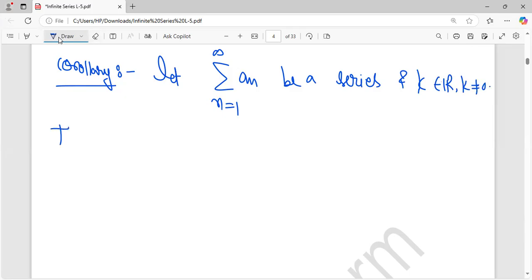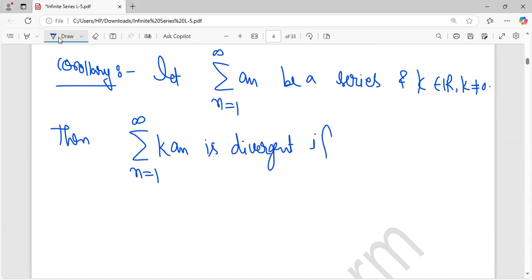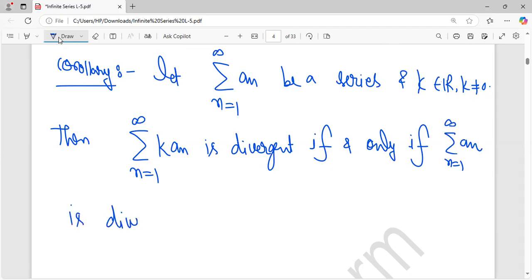Then this series summation n goes from 1 to infinity k times a n is divergent if and only if this series summation n goes from 1 to infinity a n is divergent.